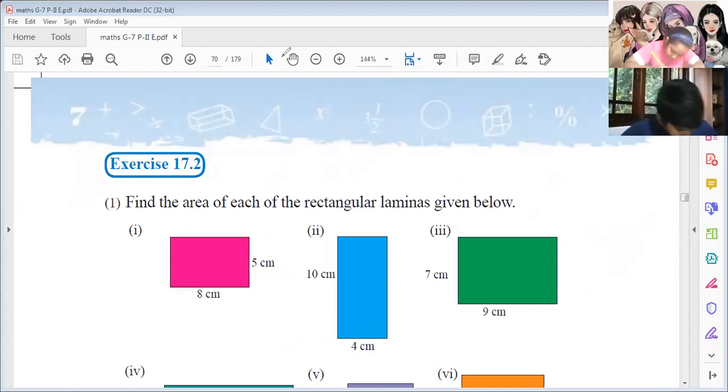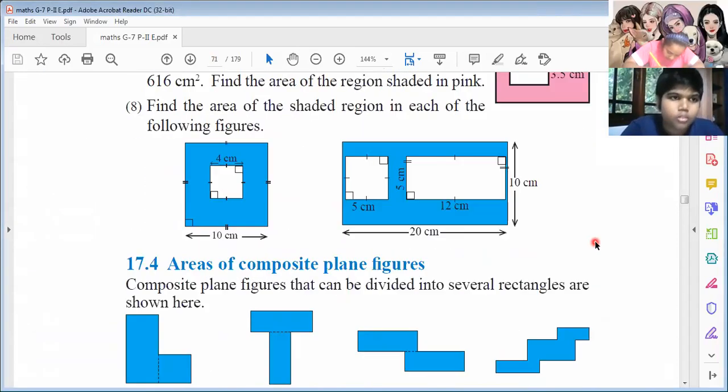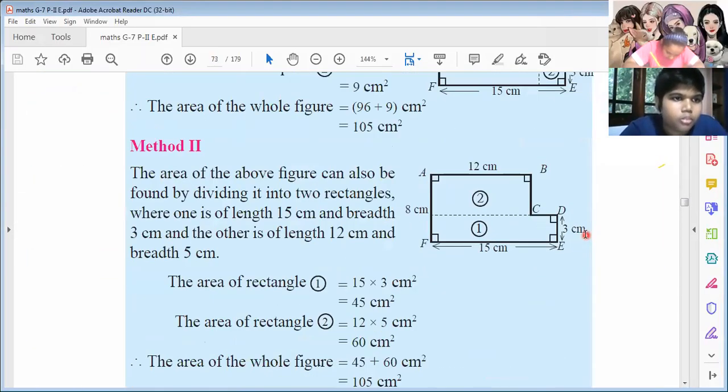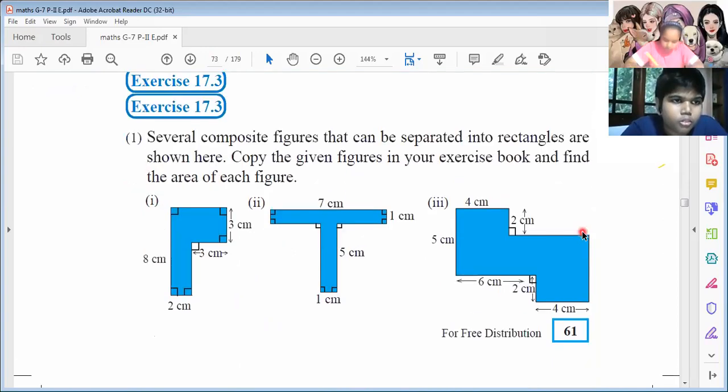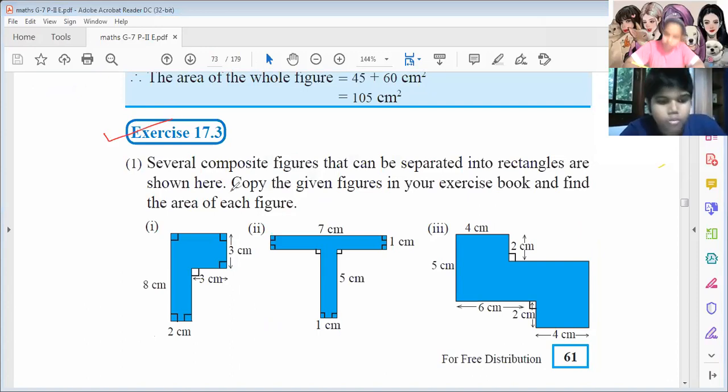And another one, 17.3. Next exercise 17.3. There are two exercises I gave for this lesson.